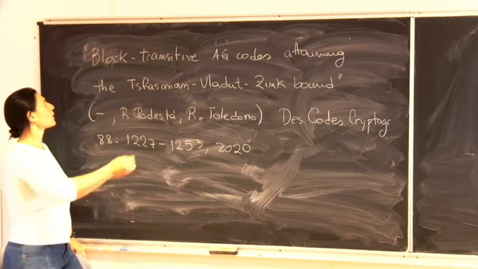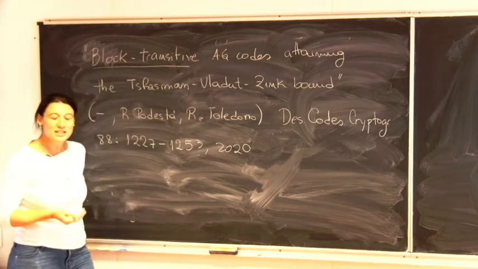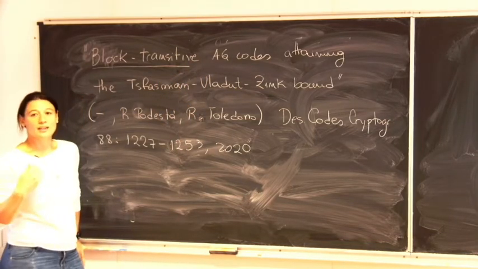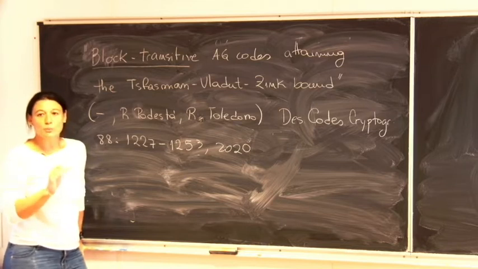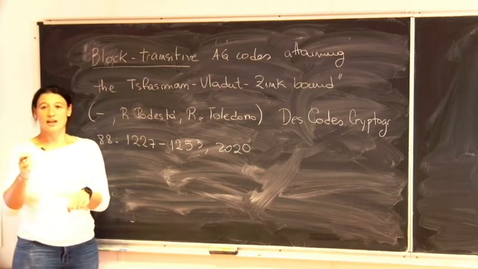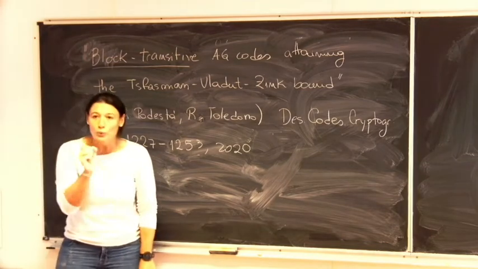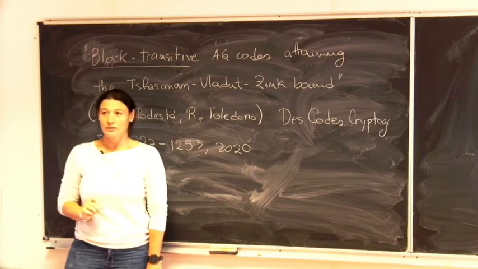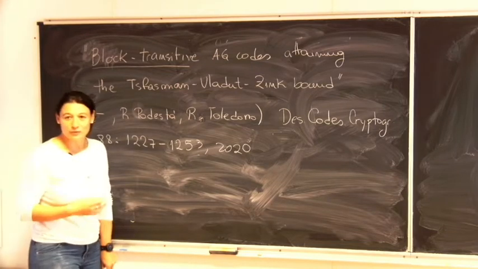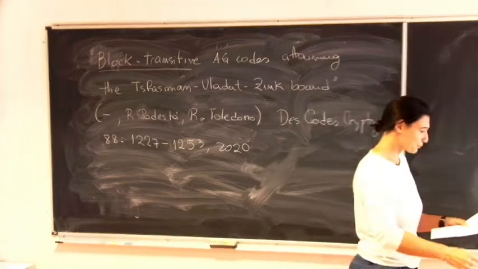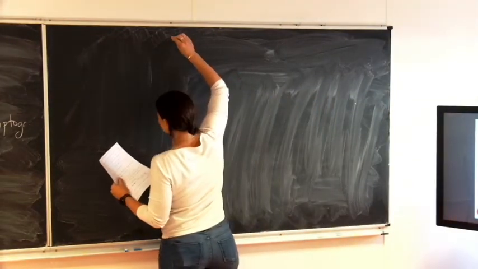We also give some examples of block transitive AG codes, so we have more structure, not only linear AG codes, but with some other structure for the coordinates of the codeword. And of course, there are many others. This is one of mine, so that's why I'm mentioning it to you. So now we will get back to the asymptotic problem again.